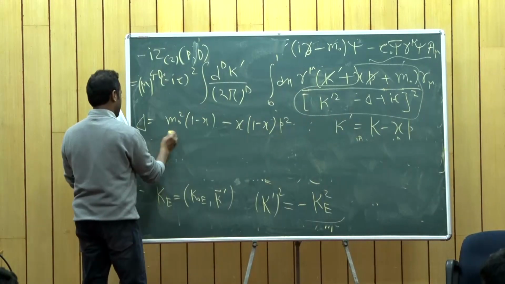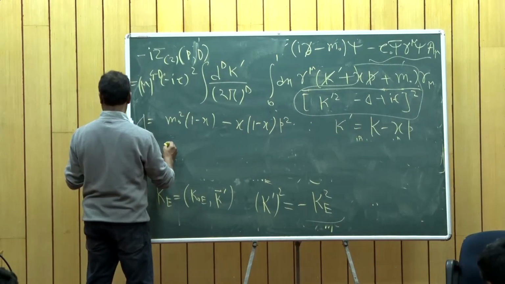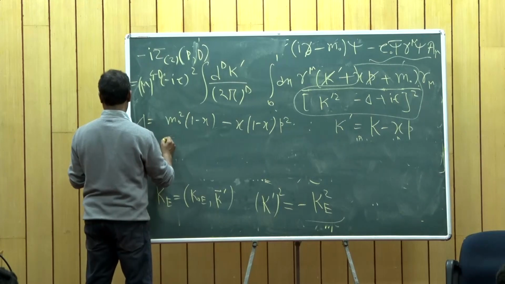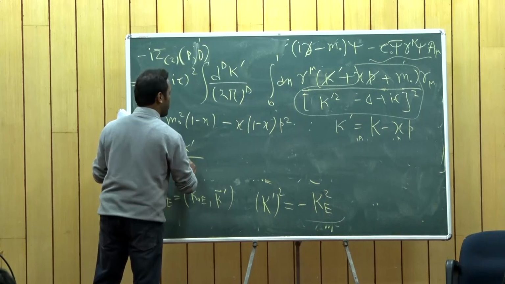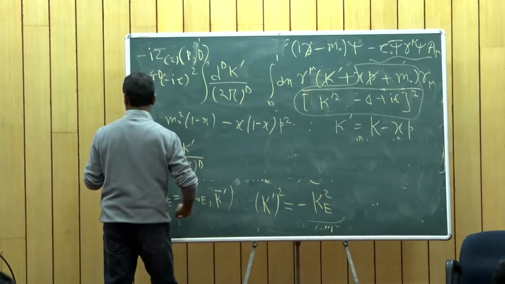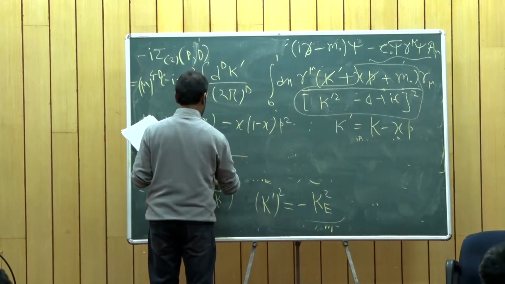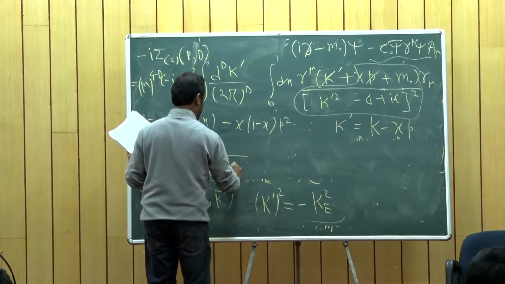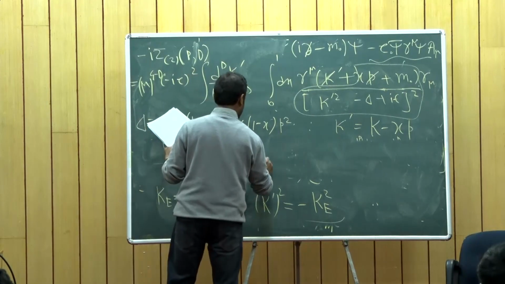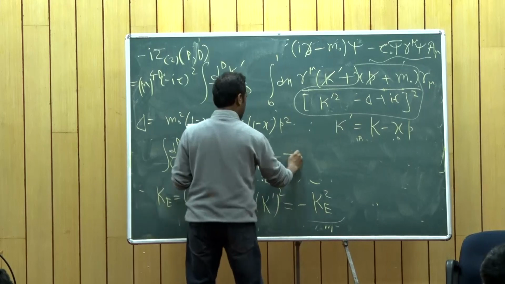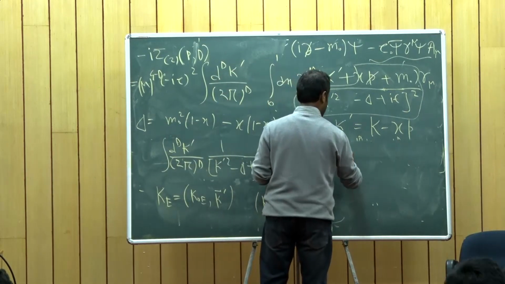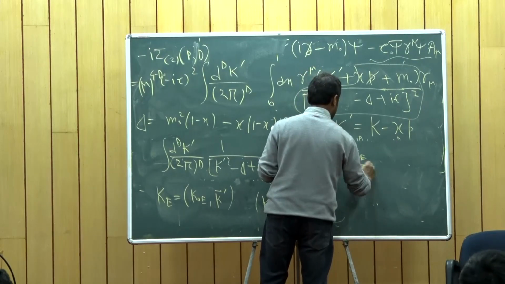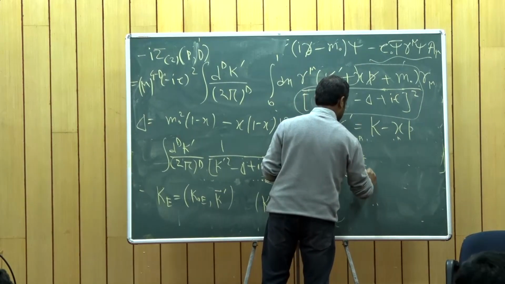You will get this integral d^d k prime by (2 pi)^d, 1 over (k prime square minus delta plus i epsilon) square. This will be equal to i times d^d k e by (2 pi)^d.